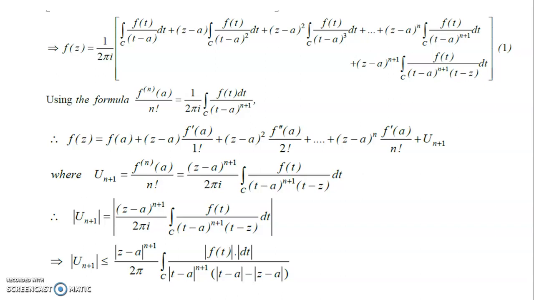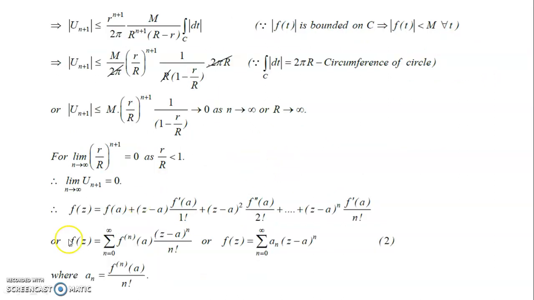This is the Taylor's expansion of any function f of z: f of a plus (z minus a) into the first derivative of f of a divided by 1 factorial, plus (z minus a) whole square and f double dash a divided by 2 factorial, and then the last term is this one, because this is the expansion of f of z.